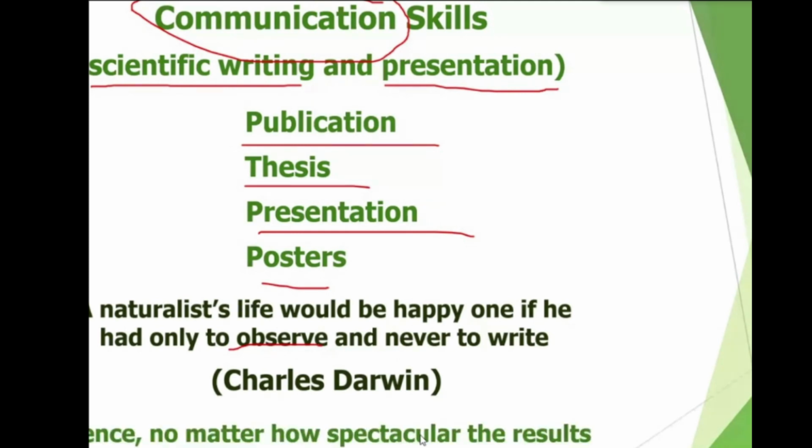But this has a catch: in science, no matter how spectacular the results are, the work is not completed until the results are published, which means that if you don't write on the research methodologies and the research results that you are getting, it means that you have not conducted research. And when you are writing, you have to be extremely careful that you do not copy from others.